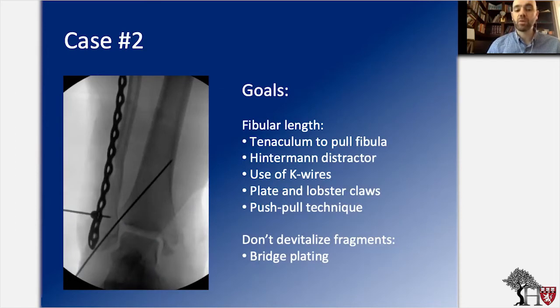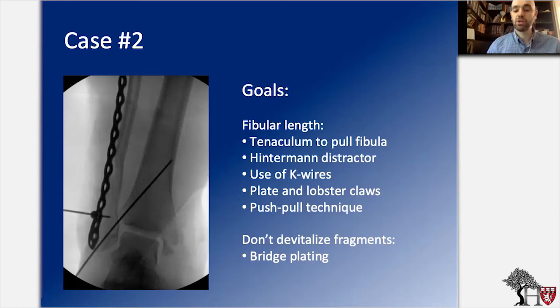And so I needed a way to get length that would not involve getting the puzzle pieces to fit perfectly together, nor did I necessarily want to start dissecting out every little comminuted piece, because then I'm creating a devascularized segment of bone. And so the strategies you can use to get fibular length, including getting a tenaculum at the tip of the fibula. And so when I'm reducing a fibular fracture, I'll always have two tenaculums, one pulling length, the other trying to reduce even without comminution.